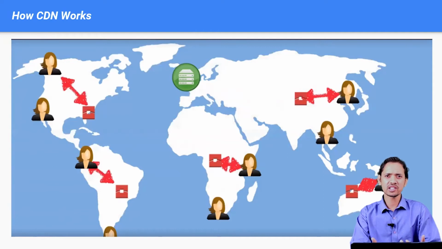Since these edge servers are very near to the users, the content delivery would be pretty fast and the overall user experience would be better. This is not only making it faster, but it is also offloading the load on the origin server. Most of the user requests are now getting processed by those edge servers rather than just the origin server.